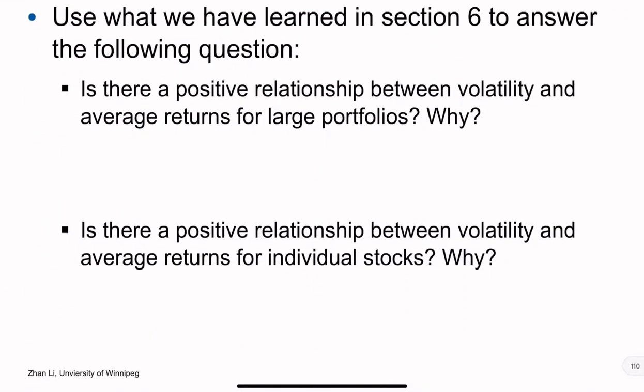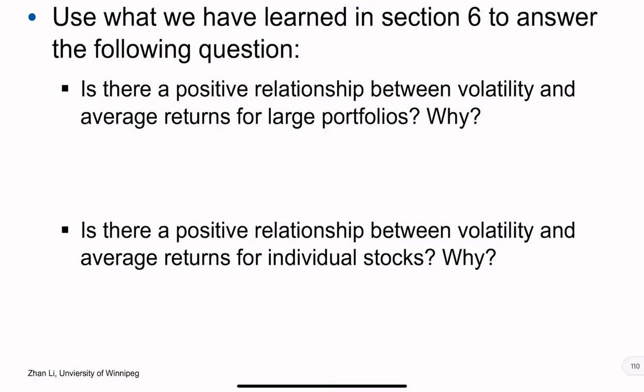Well, the reason is because if we have a large portfolio, then this large portfolio will almost contain only systematic risk, because firm-specific risks have been diversified away. So for a large portfolio, volatility measures systematic risk. And because there is a positive relationship between return and systematic risk, there should be a positive relationship between return and volatility for large portfolios.